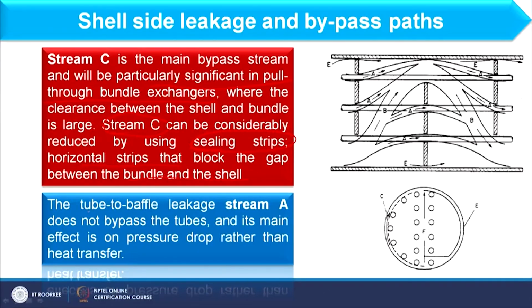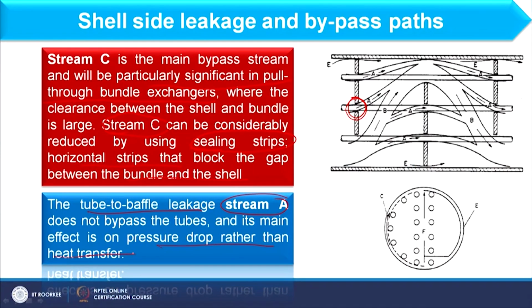So, that is about stream C, and further we can see that tube to baffle leakage, that is stream A, does not bypass the tube, because the stream I am considering is not bypassing the tube, and its main effect is on pressure drop rather than heat transfer, because it is moving through a minor gap between baffle hole and tube OD.